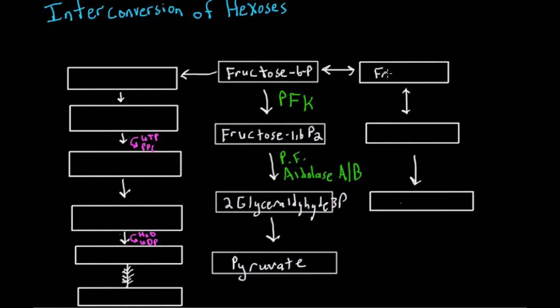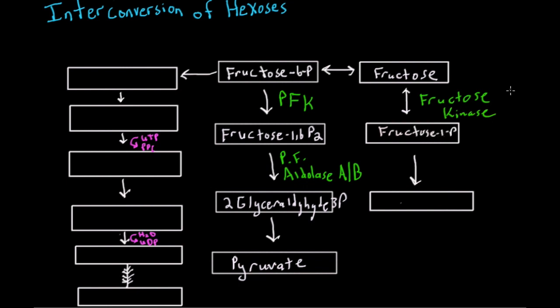But we can also just get rid of that phosphate altogether and just end up with fructose. And we can then use a fructokinase to simply phosphorylate the single fructose, so fructose kinase. And this will give us a different configuration of fructose. This will actually give us a fructose 1-phosphate instead of a 6-phosphate.